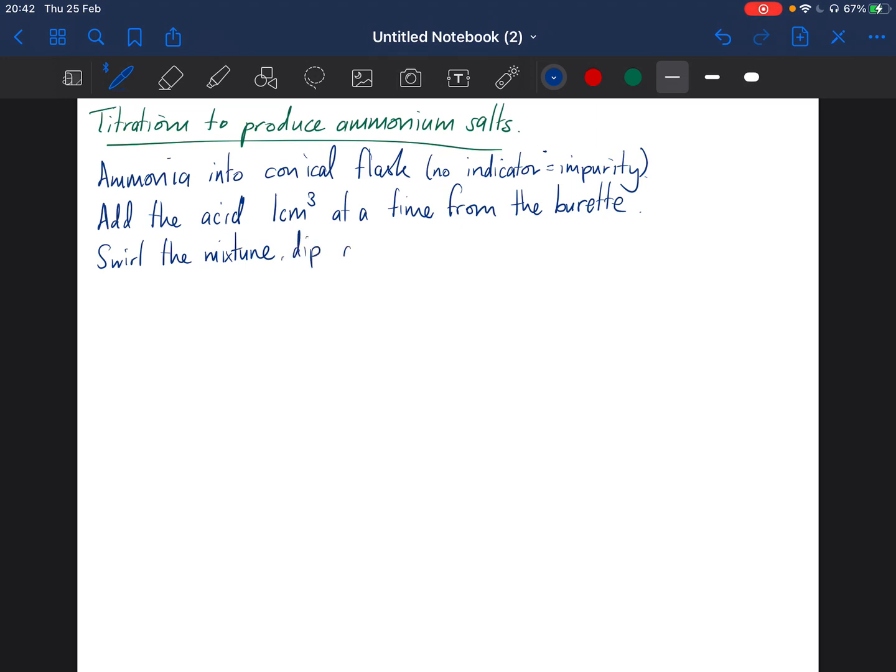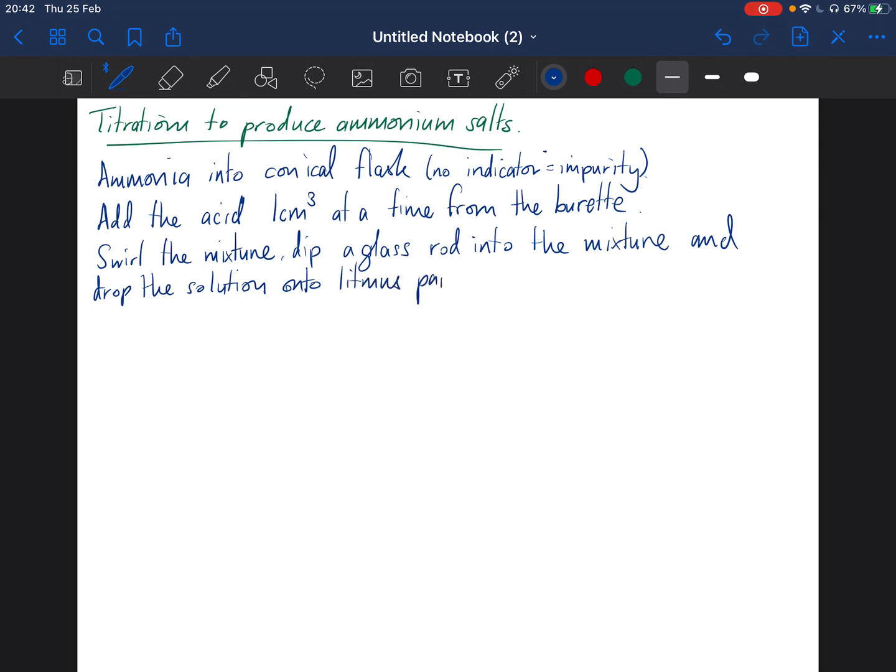dip a glass rod into the mixture and drop the solution onto litmus paper and then check the litmus paper's colour.